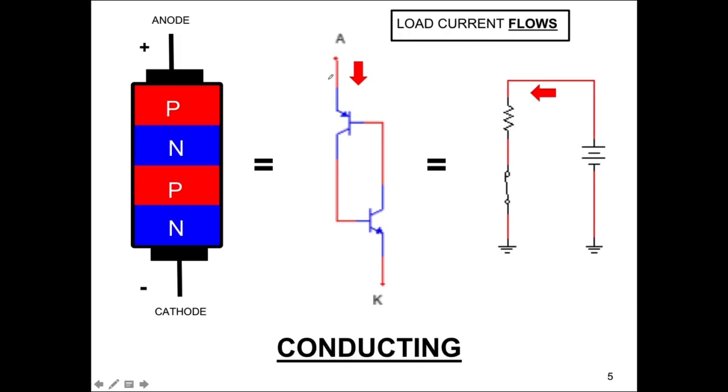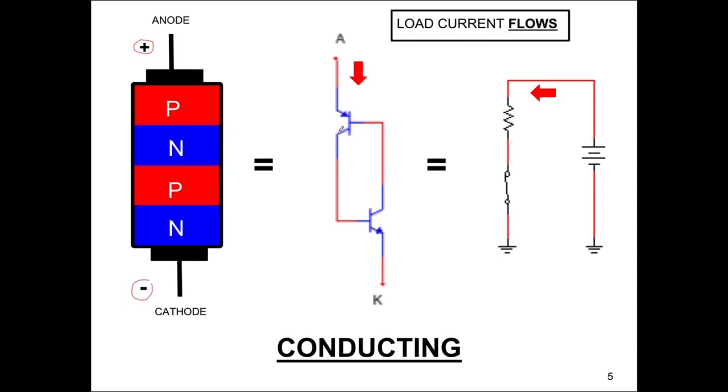When the device is conducting, notice the polarity, anode to cathode. We've reached the forward breakover voltage, and current is then going to flow down through this transistor, which will be forward biased.